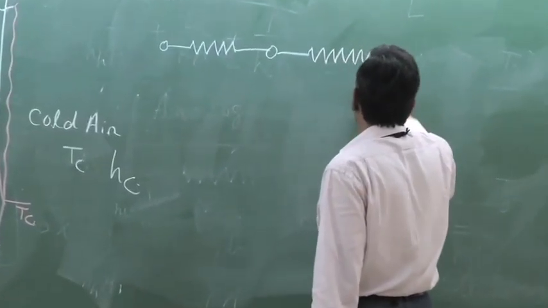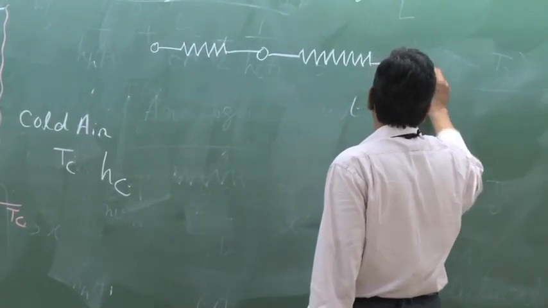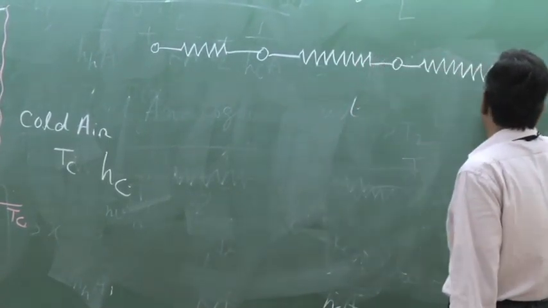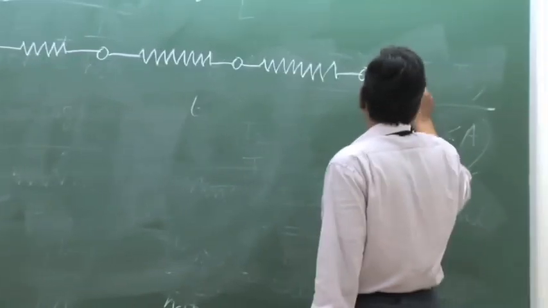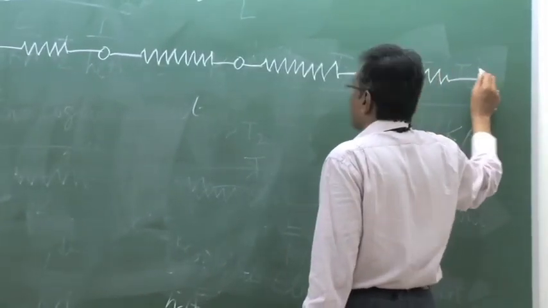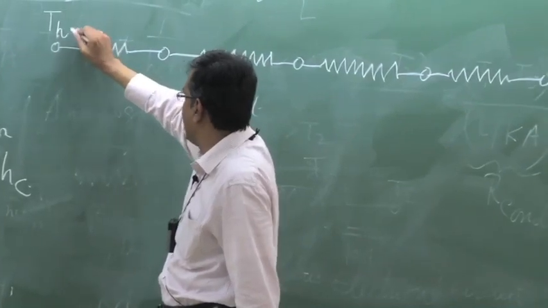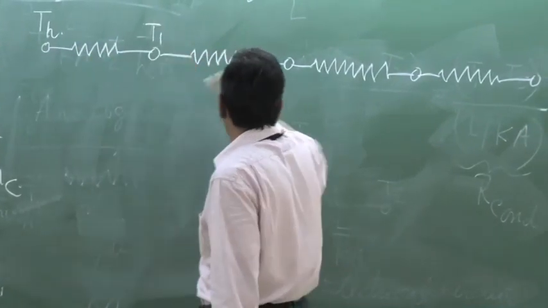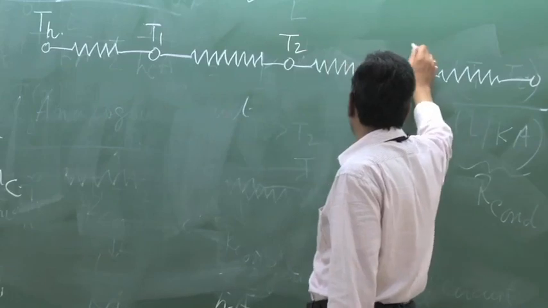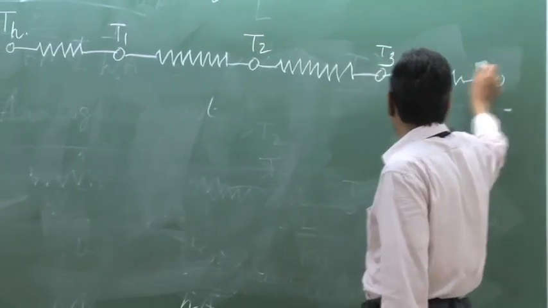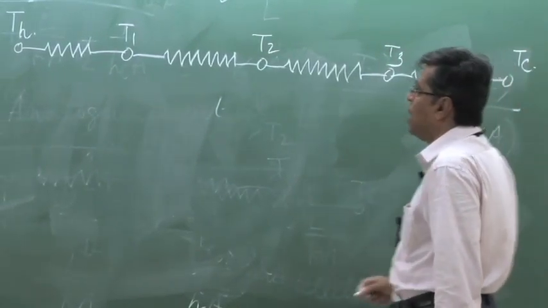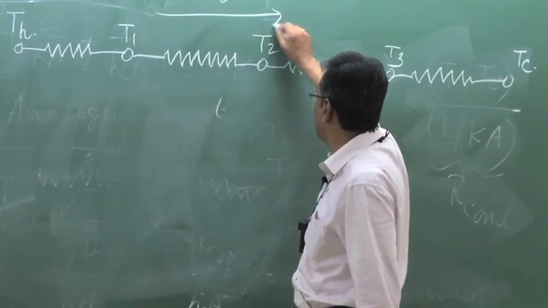It is also a series resistance problem. Very simple problem: our nodal point for potential is Th. This is T1, this is the junction of T2, this is T3, and this is Tc. And the same heat is flowing.